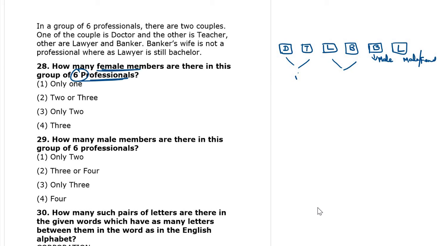So 1 female is here, 1 female is here. So that may be a female or male. The answer is 2 or 3. Okay, if it is a female we will add 1 with them, 3, otherwise 2. In the same manner, how many males? 1 plus 1, 2. Here is also 1, 3. It may be a possibility, male or female. So 3 or 4. Answer is 3 or 4. Okay. Come to the next question.